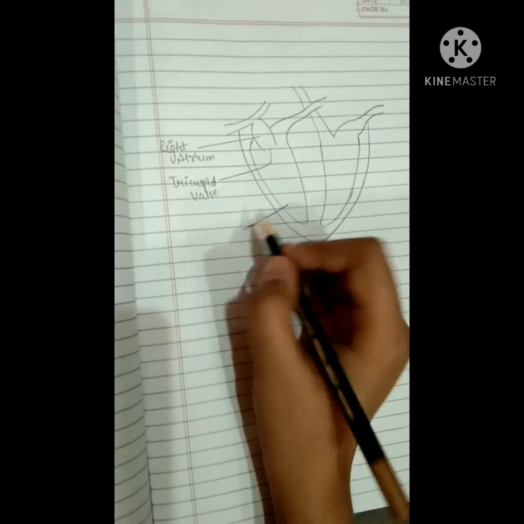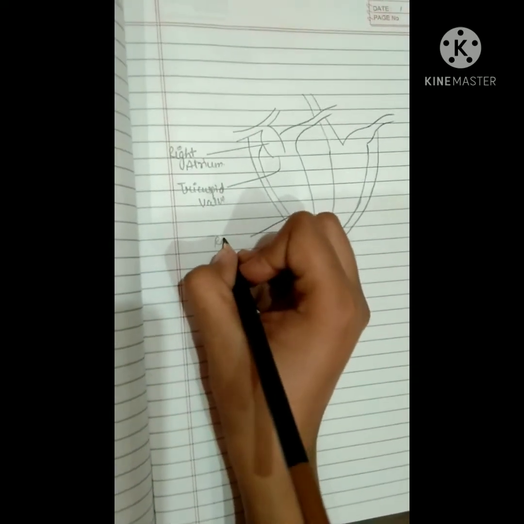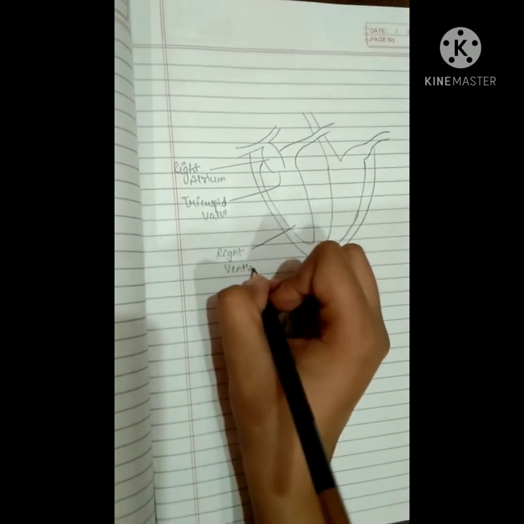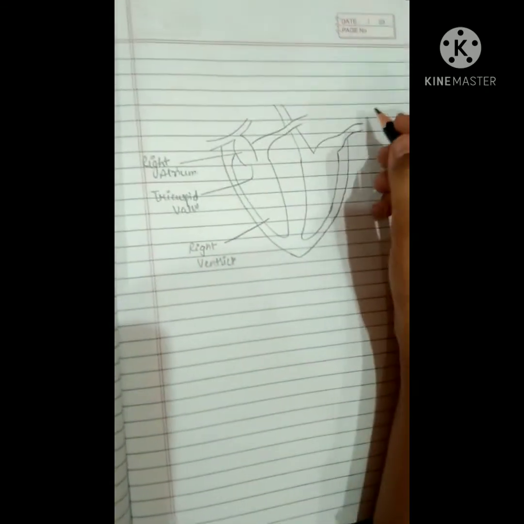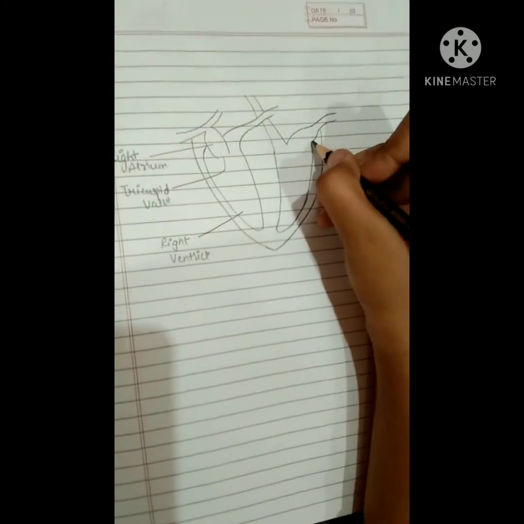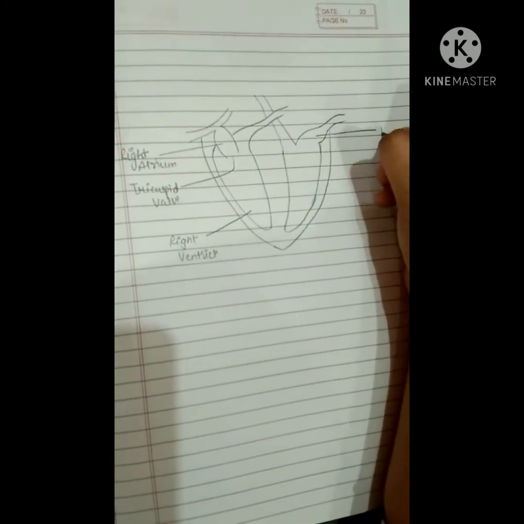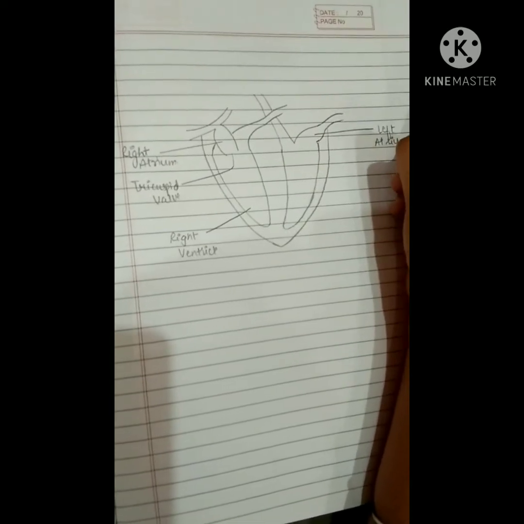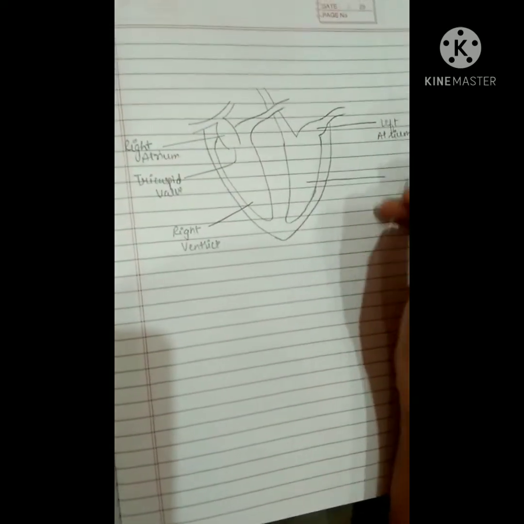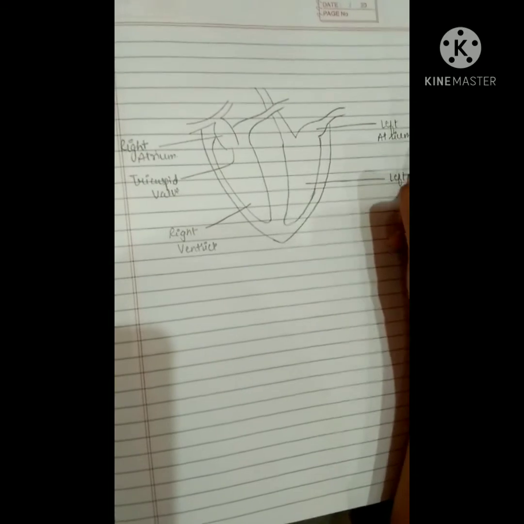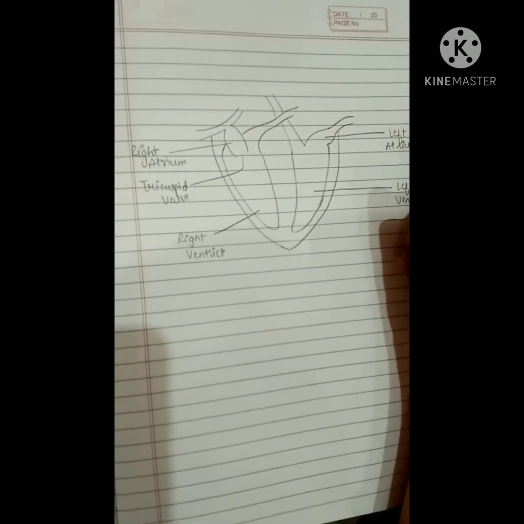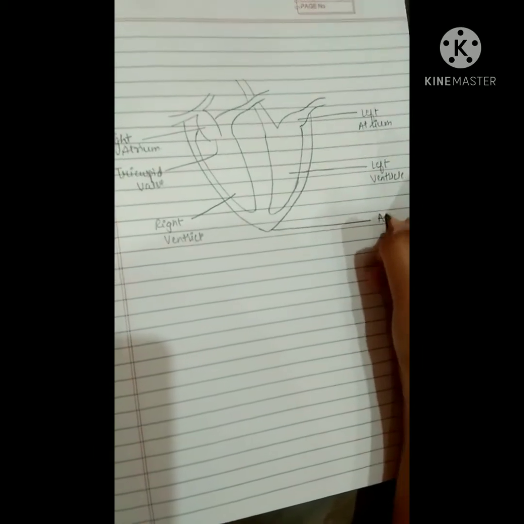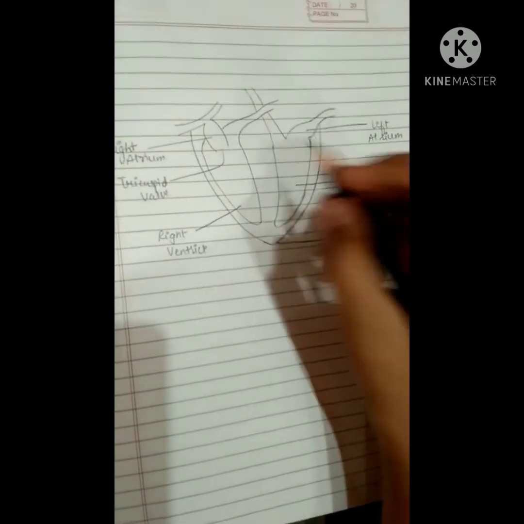This is the right ventricle. And this is the left atrium, and this is the left ventricle. This is the apex.